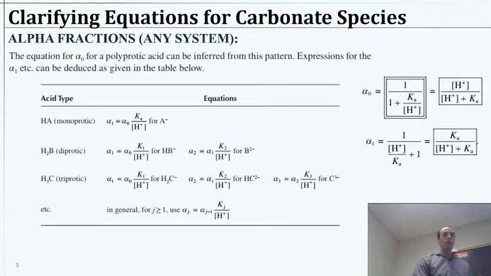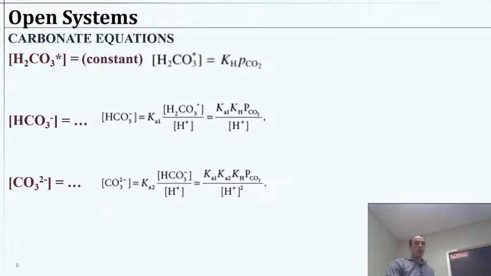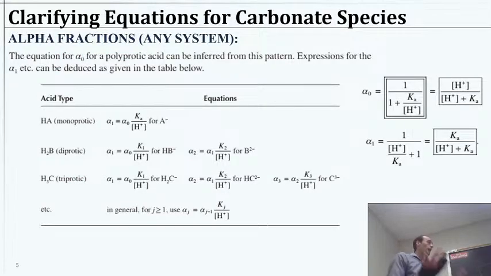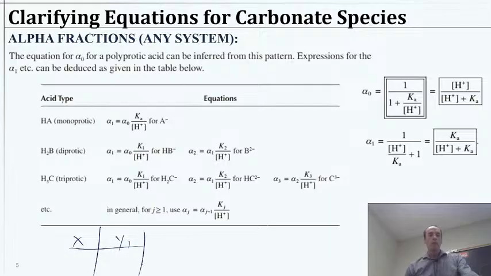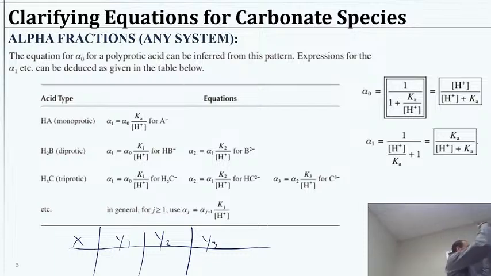So when you go to make a plot for your system, a good idea would be to make a table. Here's my x values, here's my y for the first one, y2 for the next set of values, y3 for the next, and just have yourself be ready to say, okay, what's my equation to calculate y1?